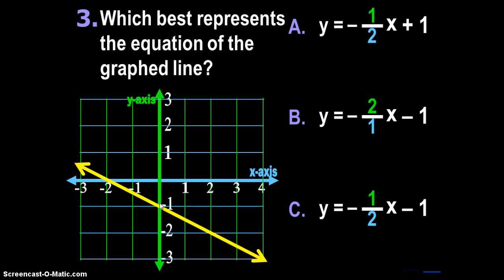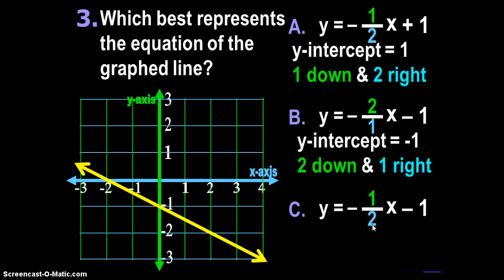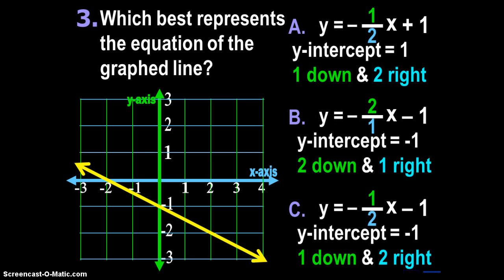It goes 1 up, 2 to the left. 1 up, let's start from here. 1 up, 1, 2 to the left. So it should be 1 up, 2 to the left. This negative belongs to this 2. Okay, so this is the description of each equation, and our answer is, got it?